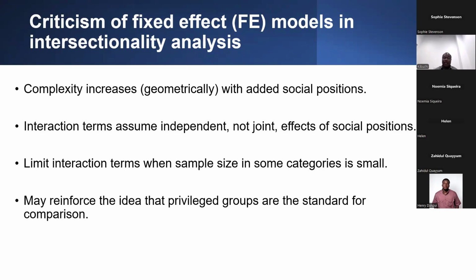What it means is that when you compare males and females, the yardstick in terms of achievement will be based on the male. So it reinforces the idea of the privileged group as the standard for comparison. As long as anyone can achieve the standard of the reference group, then everyone is okay. So it reinforces the idea that the dominant groups are where everyone should be, rather than a way of equality in the context of whatever you are looking at.